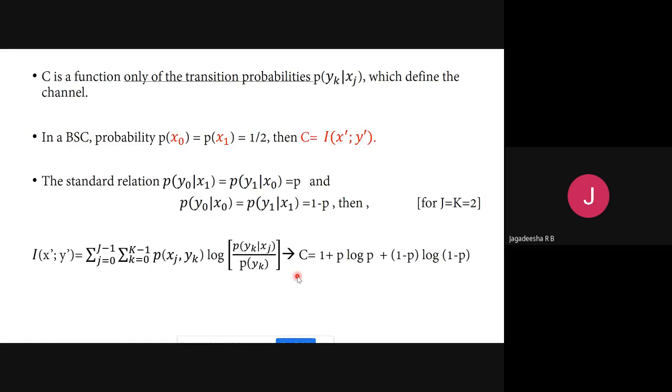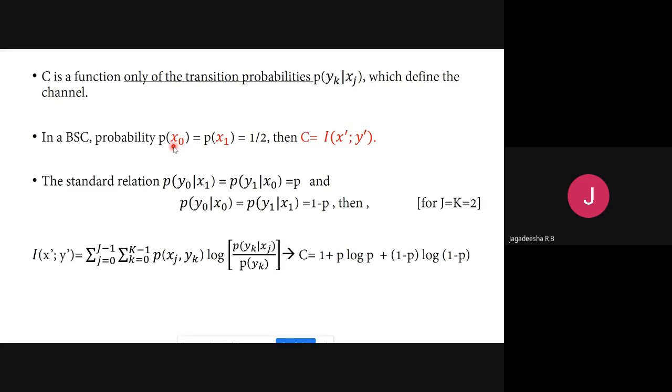So probability of x0 is equal to probability of x1, that's equal to half. So when you compute the entropy, what will be the entropy? The entropy of this input is nothing but, how do you write entropy if you know the probability?